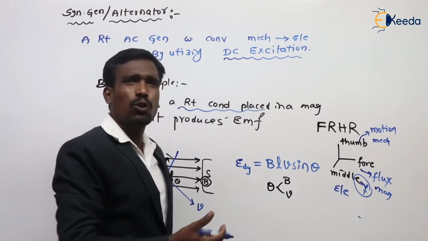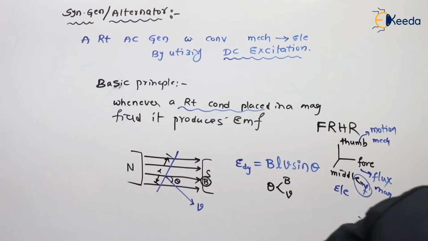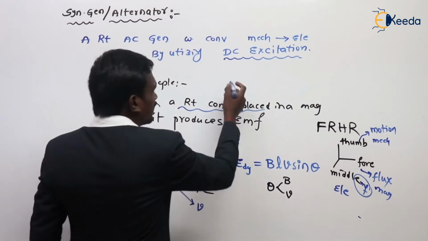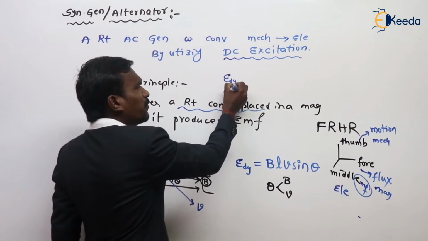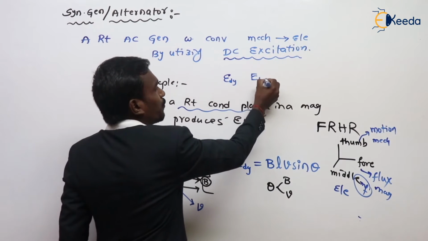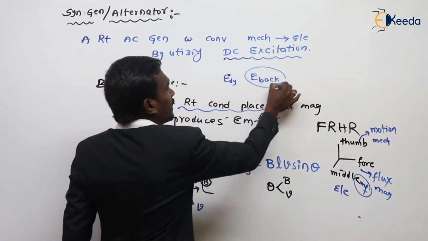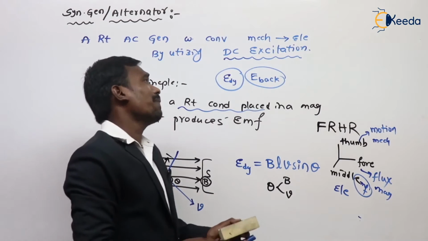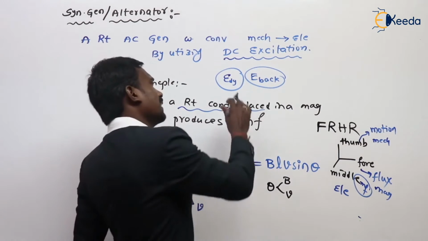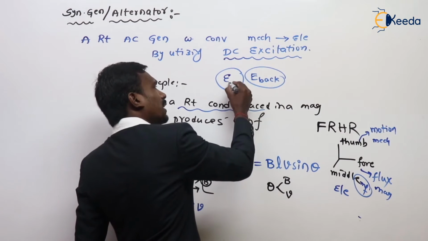Now I will ask you a question. Can you tell me what is the difference between induced EMF and back EMF? Anyone? Give me the answer. Induced EMF and back EMF, whether dynamically or statically induced.